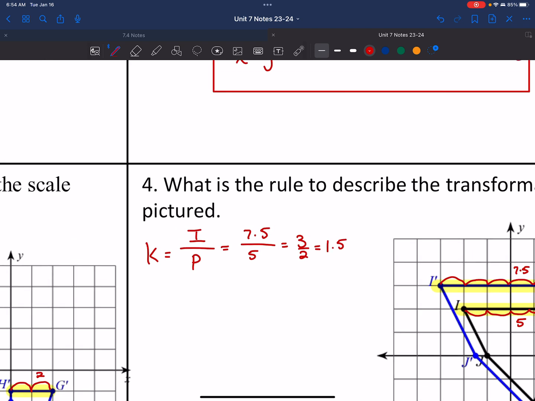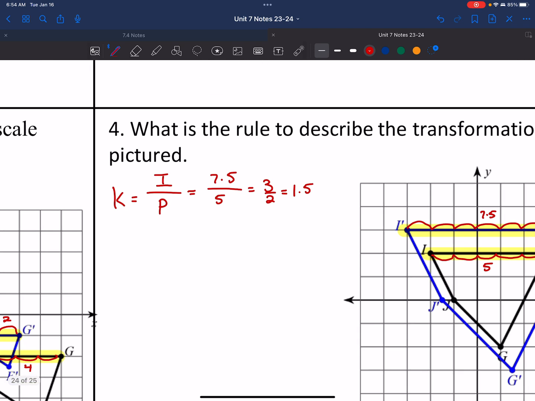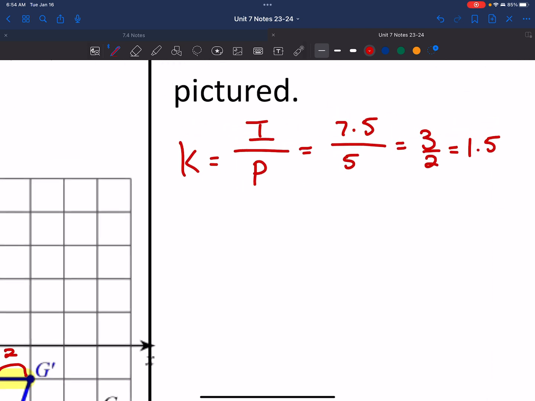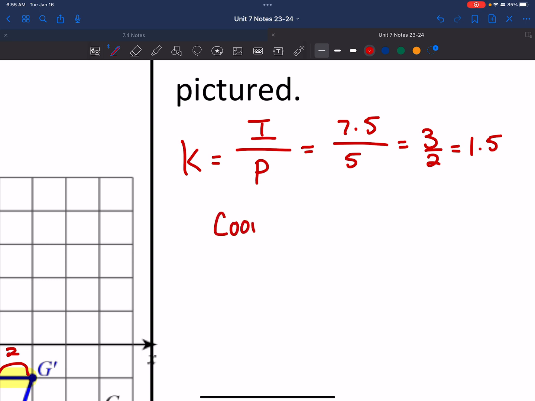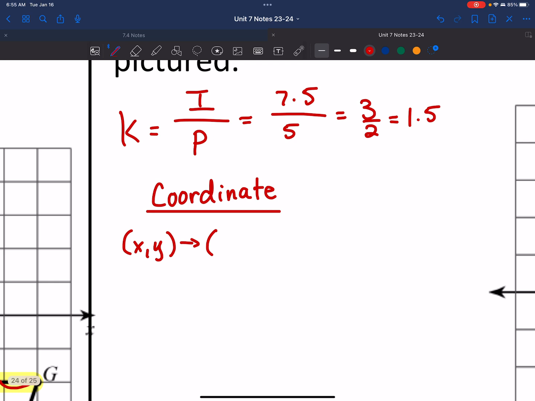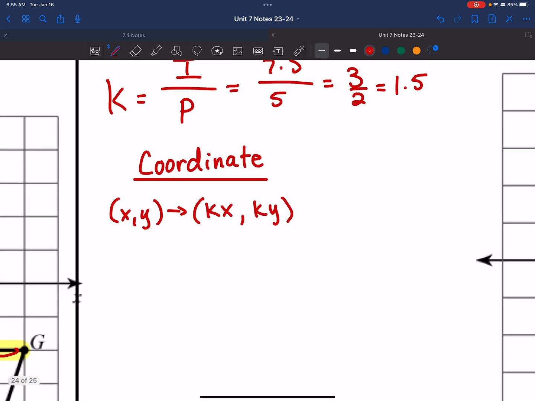So when I'm writing my rule, I'm going to write it in coordinate notation. Remember, we always start with XY in coordinate notation. XY, and then it becomes K times your X, and then K times your Y. I saw a common mistake on the quiz.